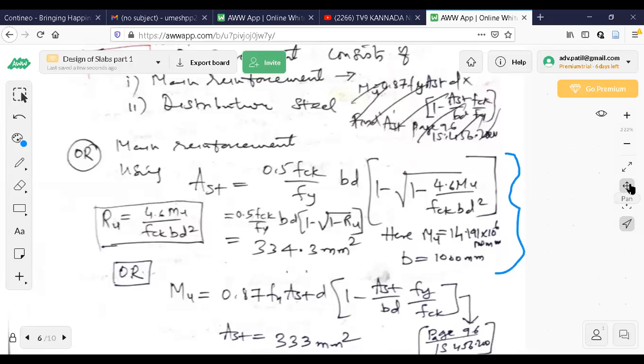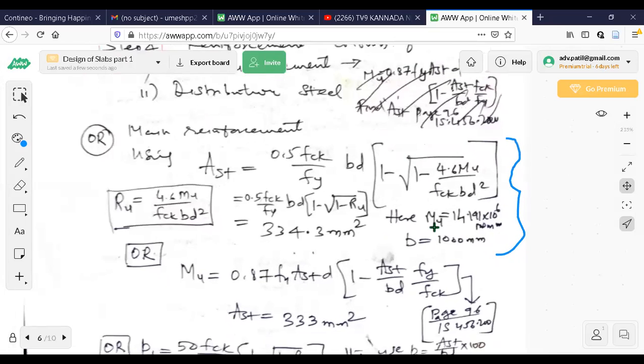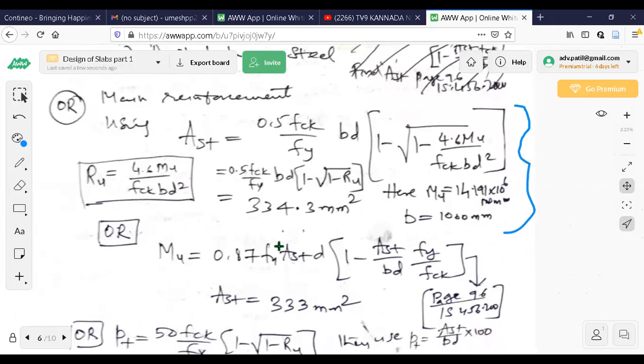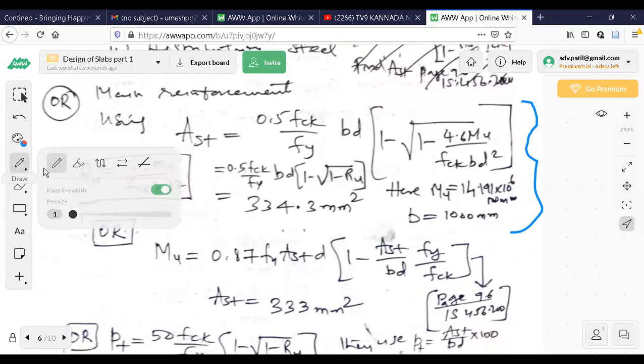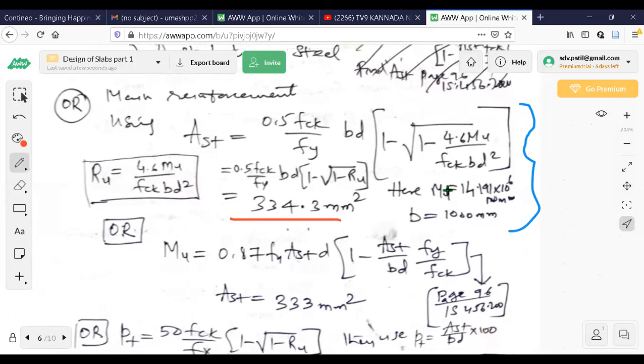But if you are not practicing this formula in your house, in the examination it is going to take maximum time. How fast you are getting 334 using this formula, that is going to matter much in the examination.